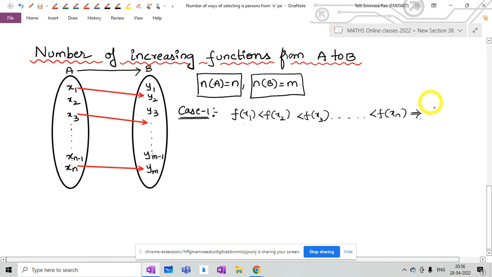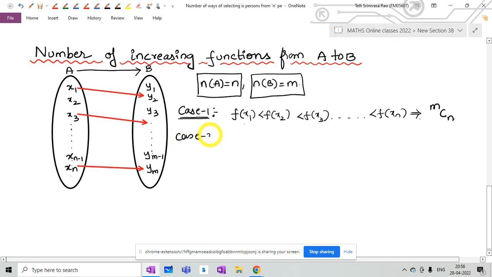And we map in the increasing way. For example, if you have taken numbers like 1, 2, 3, 5, then the first element will go to the lesser number, the second will go to the next lesser, and so on. For whatever numbers we select, there is only one way of arrangement. So we just have to take the selection here.